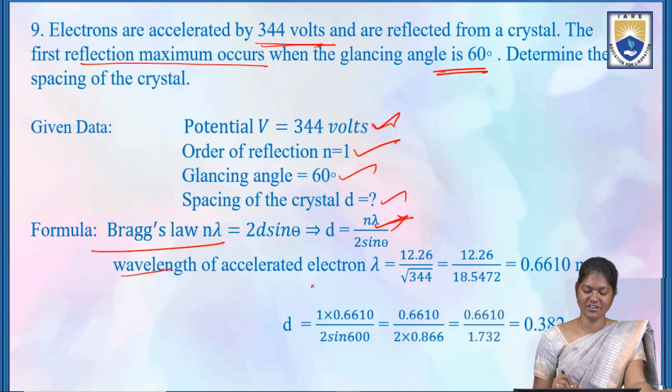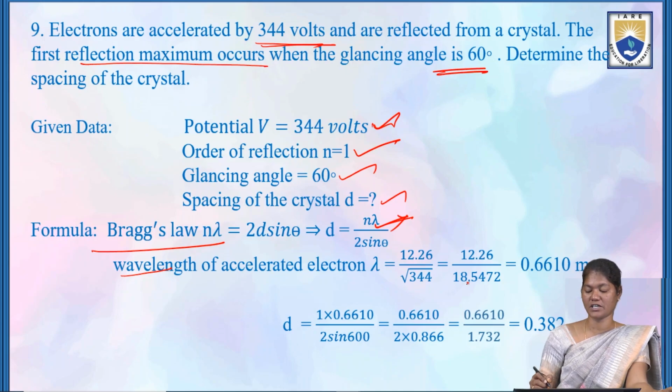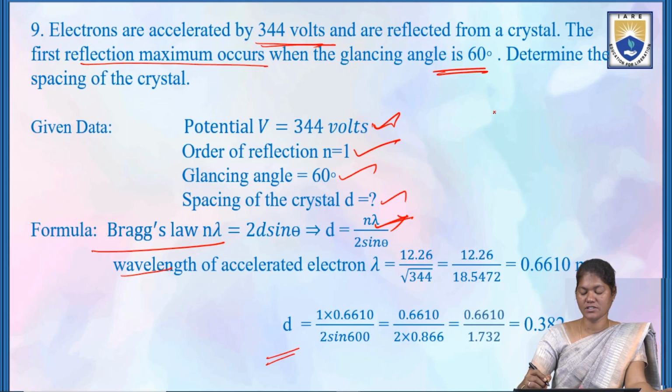The wavelength of accelerated electron lambda is equal to 12.26 divided by root of 344. So that is equal to 12.26 divided by 18.5472. So that is equal to 0.6610 meters. So this is for the electron which is accelerated.